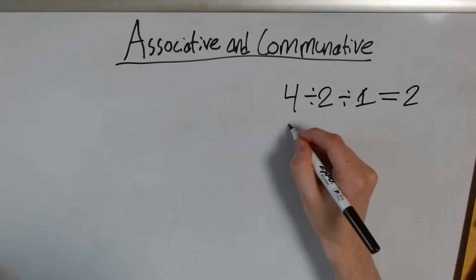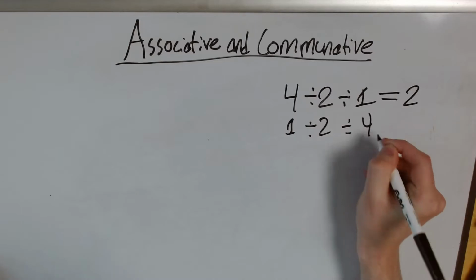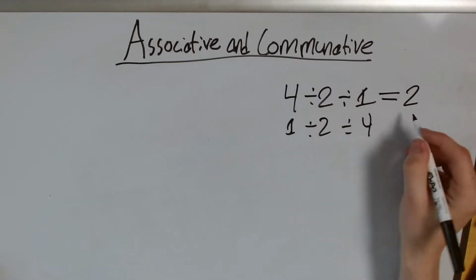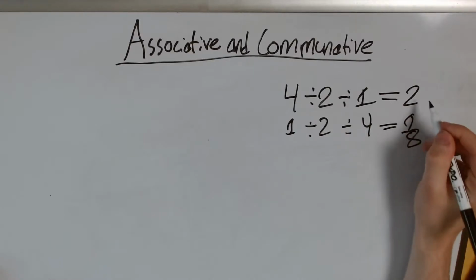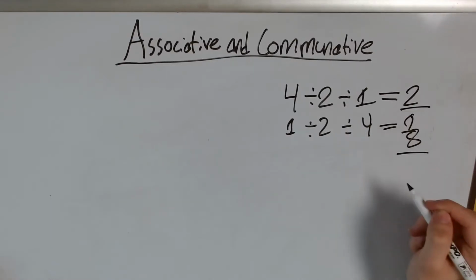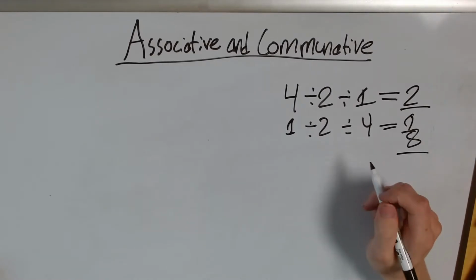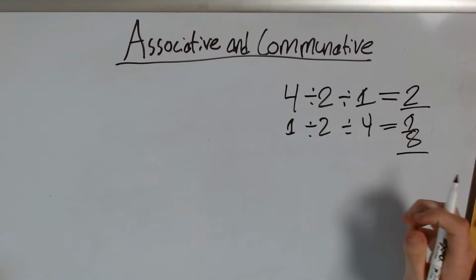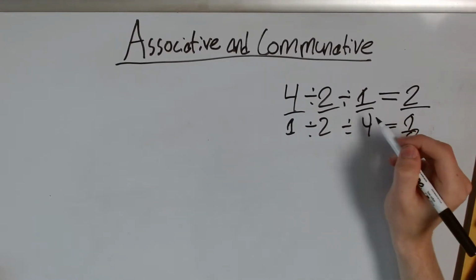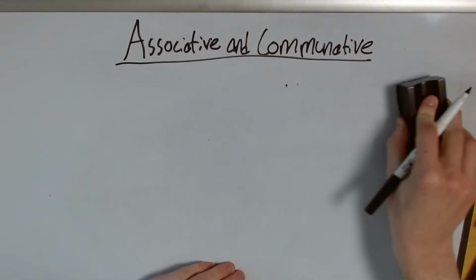All right, well, 1 divided by 2 divided by 4 is 1/2 divided by 4, which is 1/8. We can clearly see we do not get the same value. 2 is not equal to 1/8. So for division and for subtraction, we can't do this commutative property. We cannot change the order of our numbers here. But for addition and multiplication, we sure can.